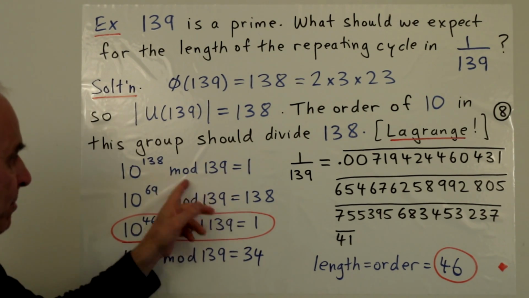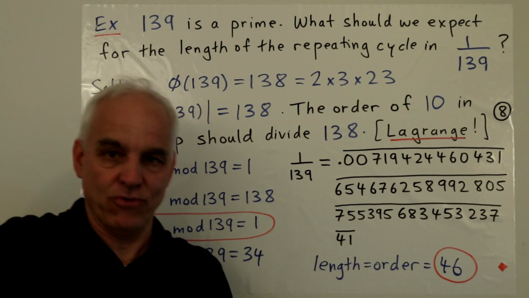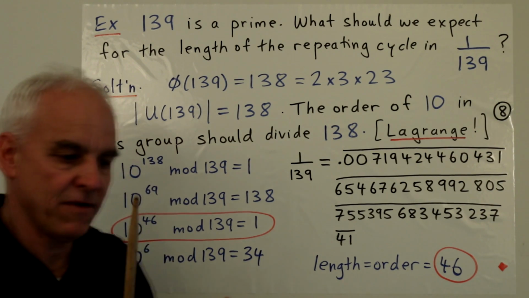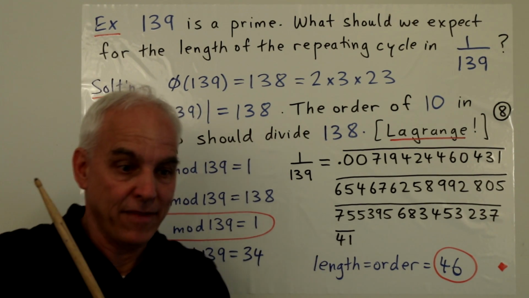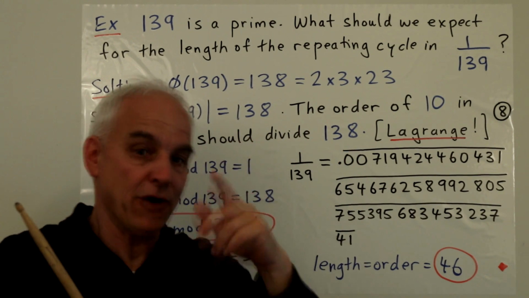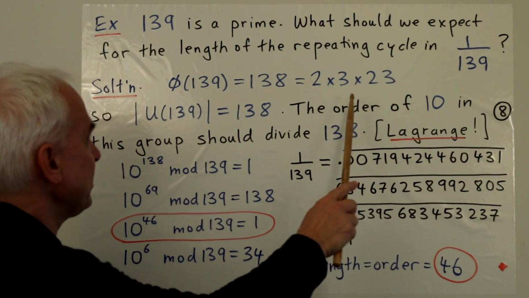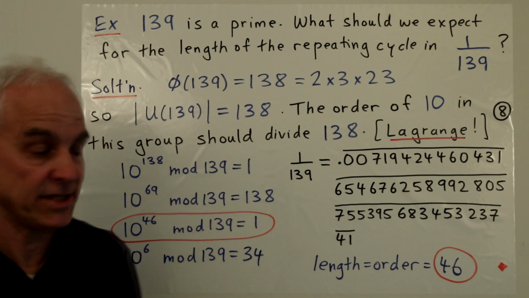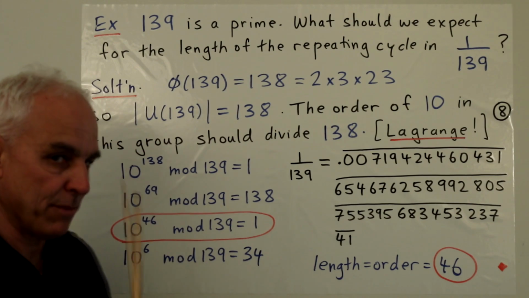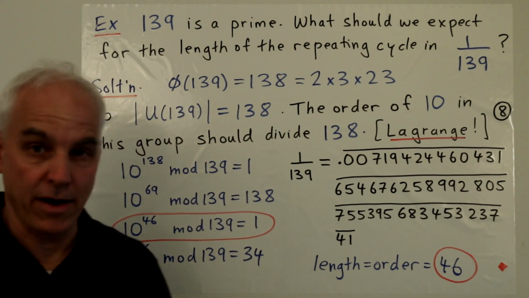So mod 139 is really what's happening in this multiplication in this group. But maybe we can do better. Maybe we can find a smaller power of 10 that will also be equal to 1. Maybe we don't have to multiply 10 138 times, but maybe some factor of this. Why don't we choose the factor, say, 3 times 23, which is 69. So 10 to the 69 mod 139, my computer will tell me instantly what that is. That's 138. That's not equal to 1.